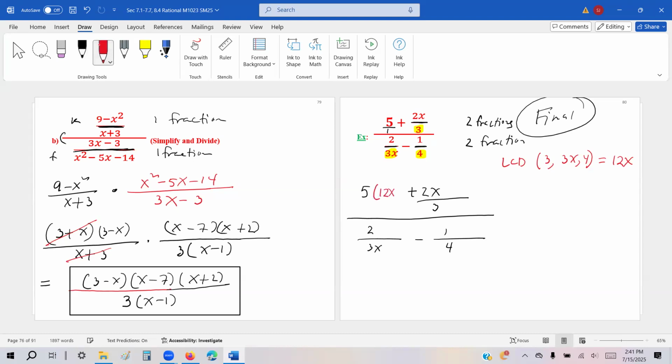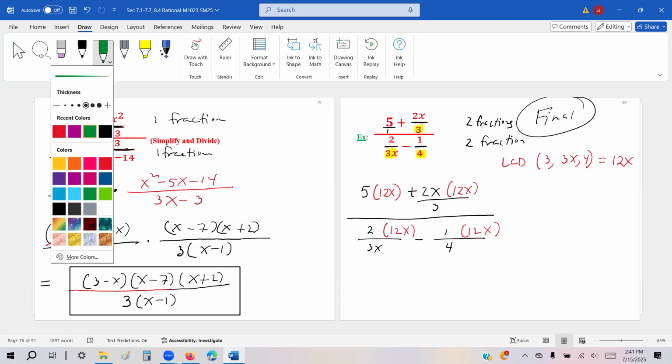Multiply 5 by 12x. Multiply this by 12x. Multiply this by 12x and this by 12x. So multiply all the numerators by 12x. Why? Because we don't want to see any more denominators. Our goal is to cancel all the denominators.